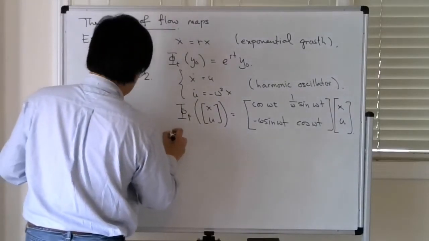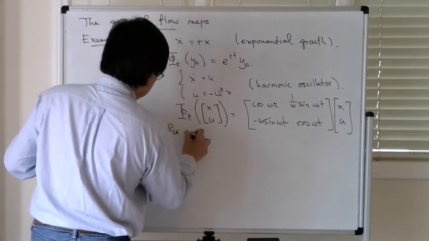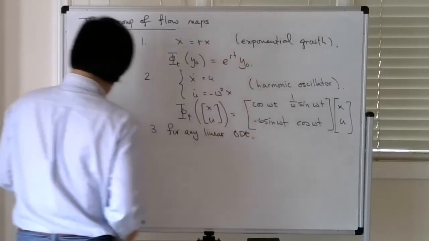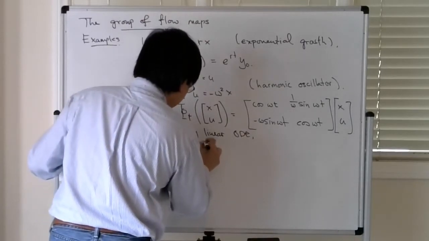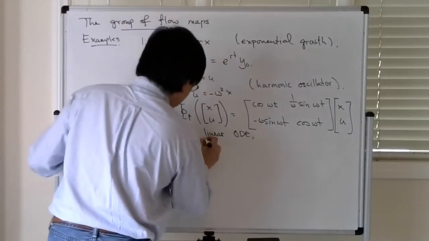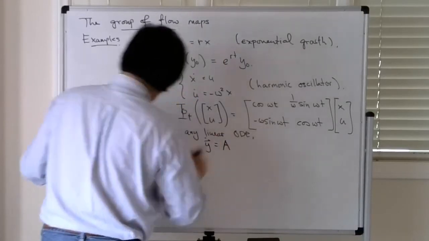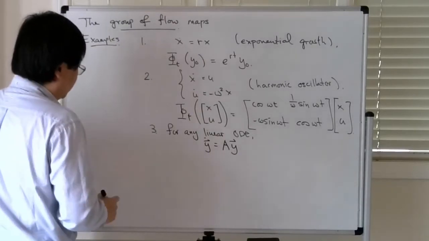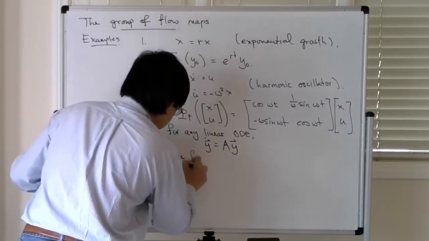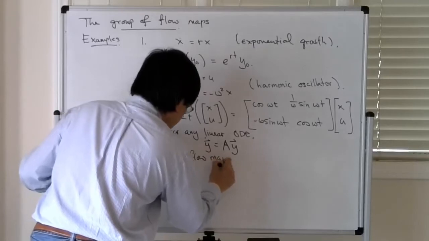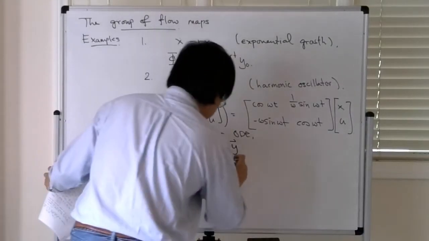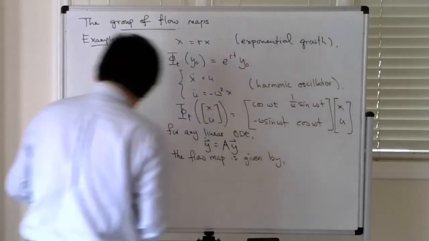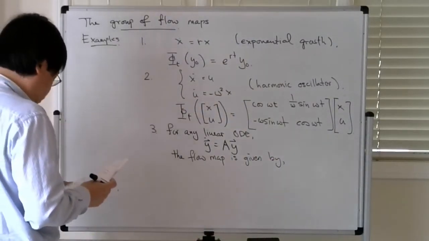So for any linear ODE of the form, say I'm going to think of y as a vector now, and its time derivative is some matrix A applied to that vector, then the flow map is given by what is called the matrix exponential.